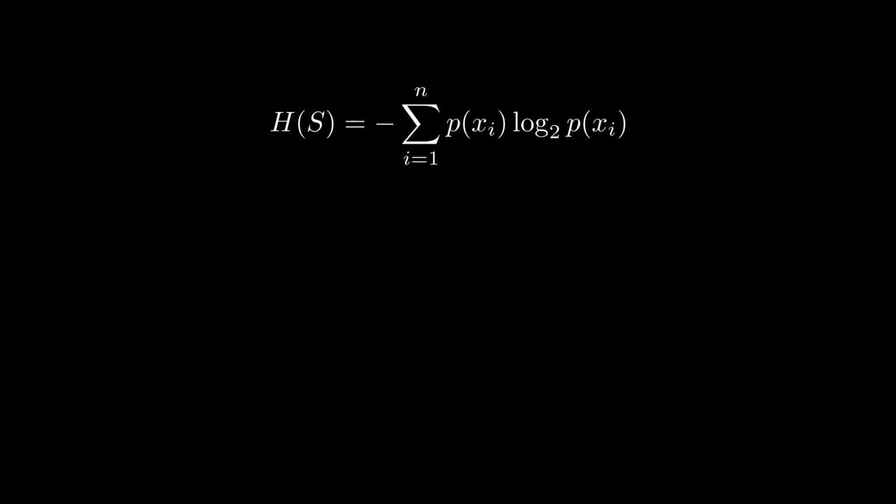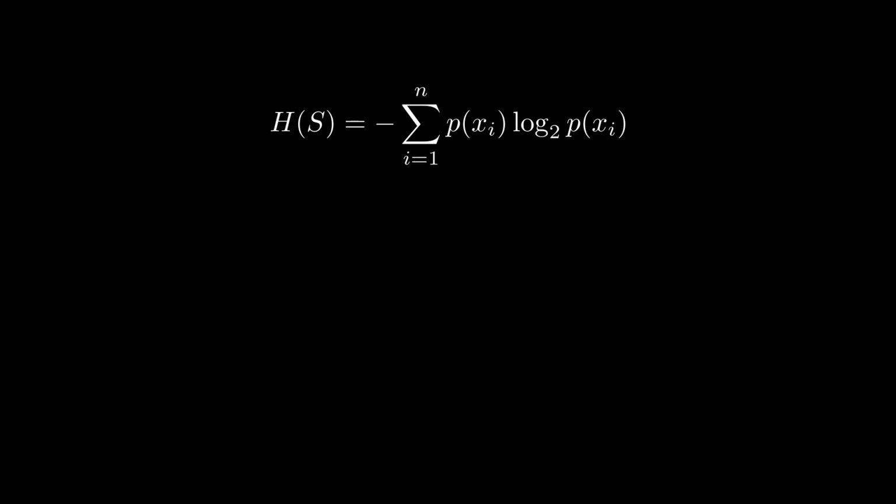Let's break down the formula. P is the probability of occurrence for a point in a given category X with index i. In other words, it is the ratio of points in category X to the total number of points. The probability is multiplied by the logarithm of the probability with a base of 2.